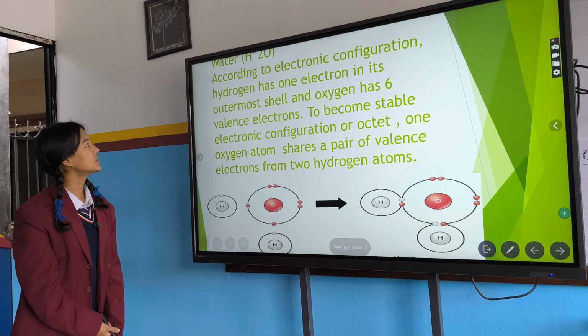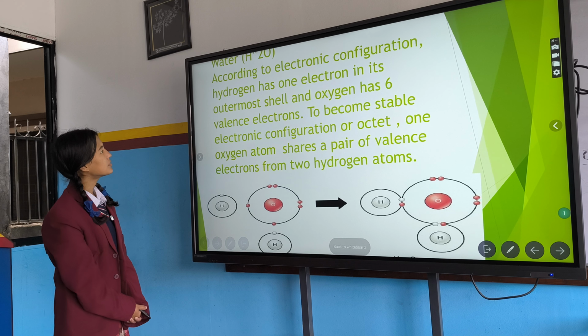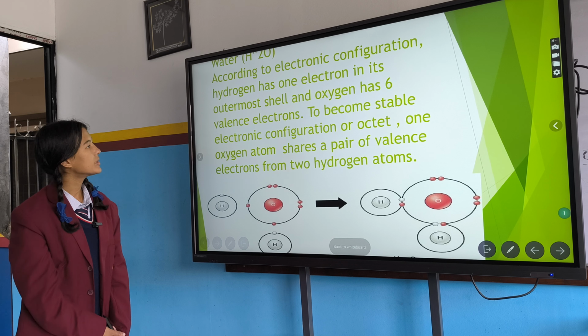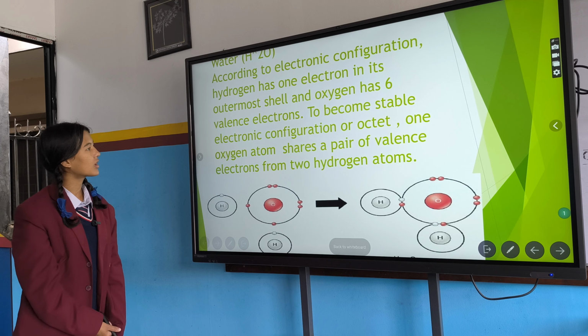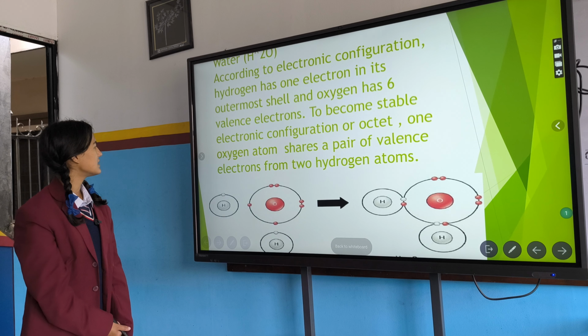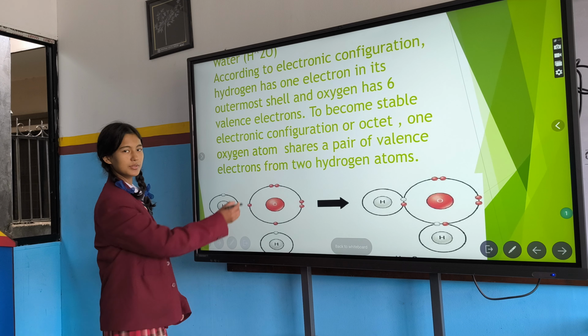Water. According to the electronic configuration, hydrogen has 1 electron in its outermost shell and oxygen has 6 valence electrons. To become a stable electronic configuration or octet, 1 oxygen atom shares a pair of valence electrons with 2 hydrogen atoms.